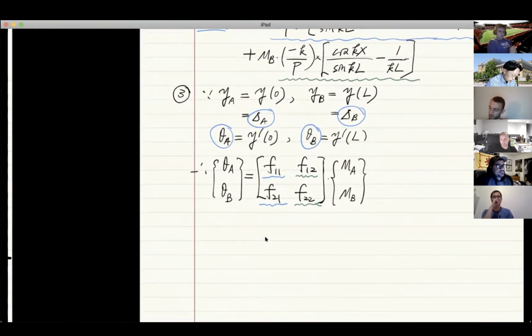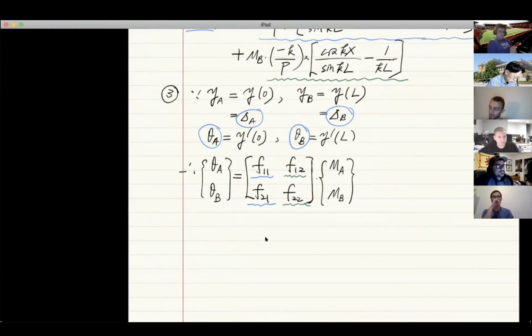So you know how to plug this in and get those coefficients. Now, for the expressions of F11, F12, I can actually just give you the result here.